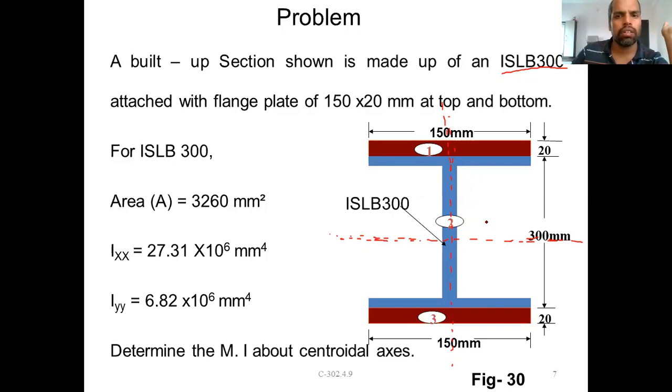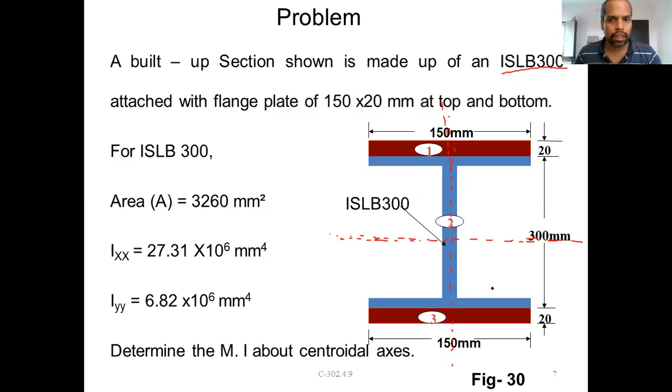Why? While discussing the centroid topics, we discussed the axis of symmetry. What is the importance of the axis of symmetry? The centroid always lies on the axis of symmetry.